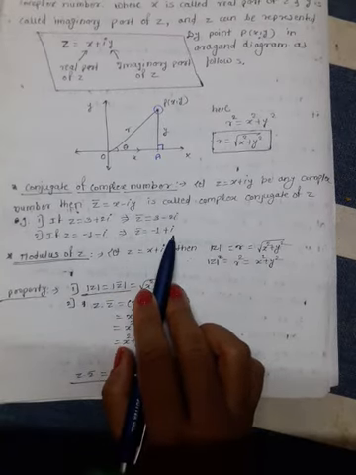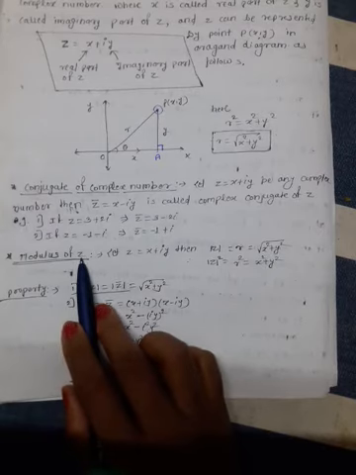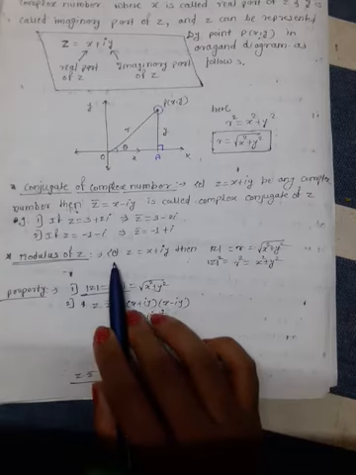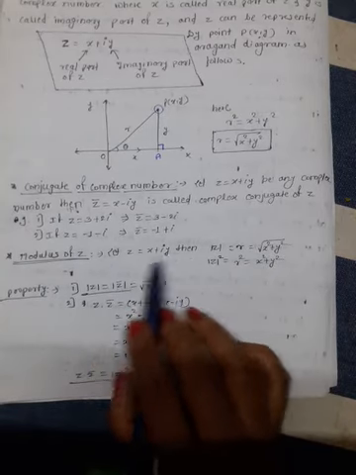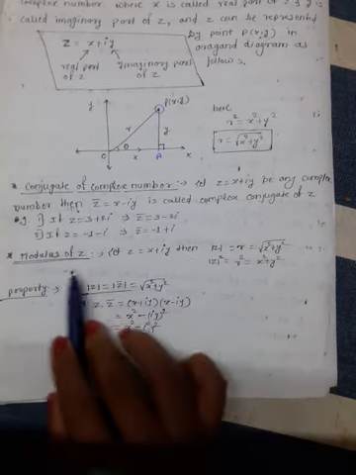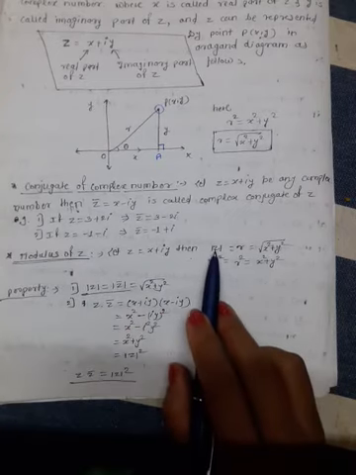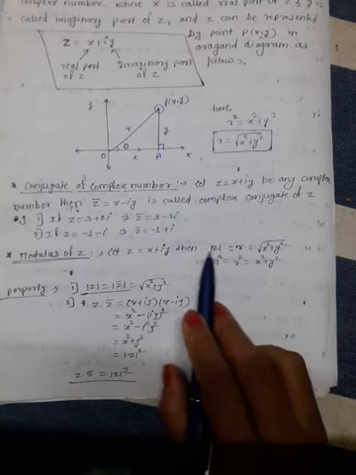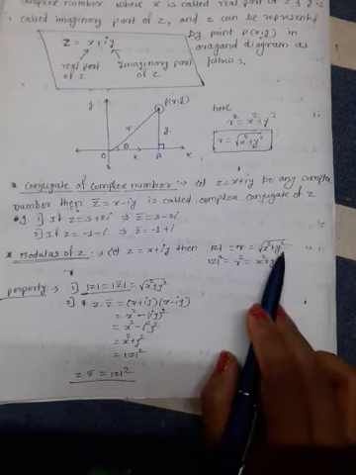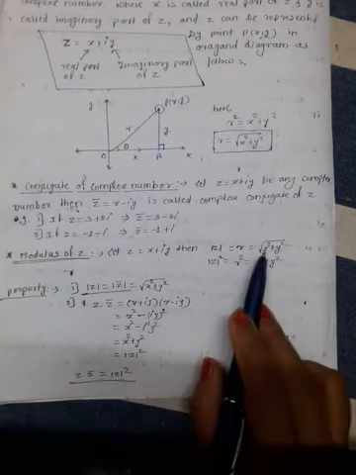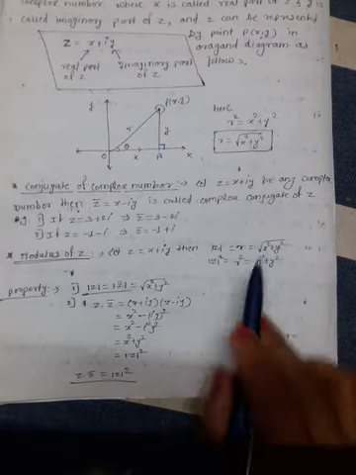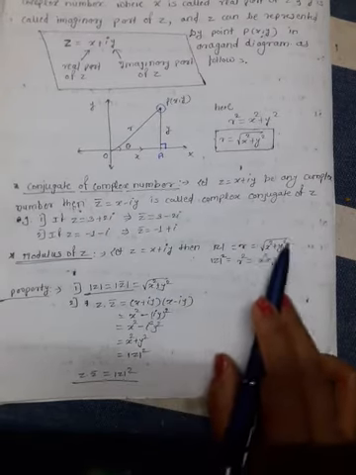Now, the modulus of z. Suppose z = x + iy is a complex number. Then the modulus of z, or mod z, is denoted by |z| with two bars, and is equal to √(x² + y²). Whatever the plus or minus sign of the number, the square of a negative number is always positive, so the sign doesn't matter under the square root.